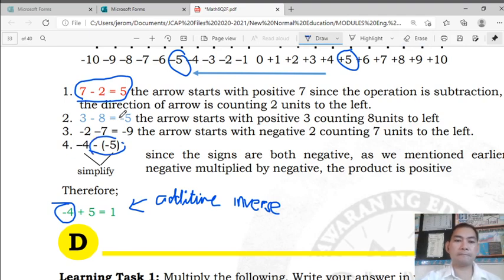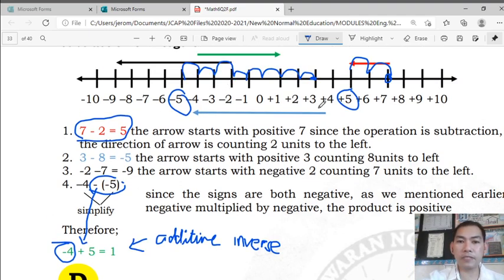Okay, negative 5. So if you're going to have the additive inverse, this minus will become plus. That's why it became plus here. And then negative 5, the opposite of negative 5 is, from our number line, positive 5. Okay? The opposite means it has the same distance from 0.